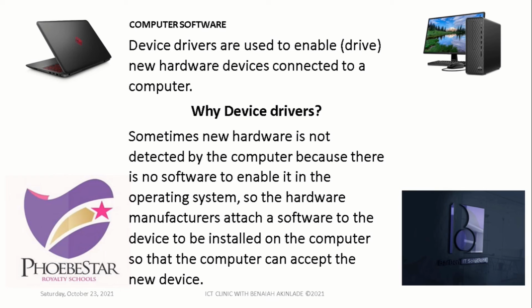That small software is known as a device driver. Device drivers often come with devices such as printers, such as game pads, and any other attachments or hardware device that you need to use on your computer. So device drivers are very, very essential, and they are also seen as system softwares because they enable hardware and they are very important for your new hardware to work effectively.